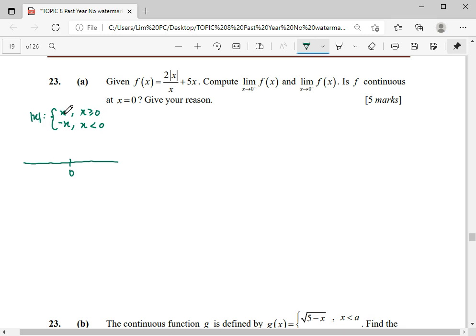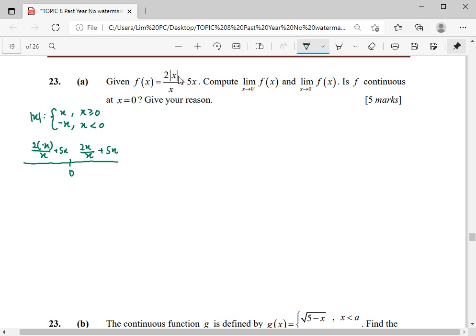More than 0, we use x for this modulus part. So it will be 2x over x plus 5x. So less than 0 means left hand side here, we will use negative x. So 2 negative x over x plus 5x.